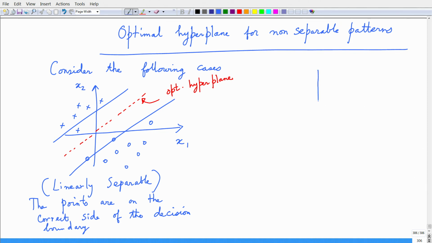This may not be the case in a second scenario. So, I will just draw the hyperplane first.